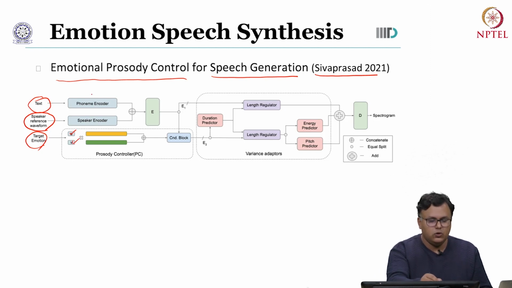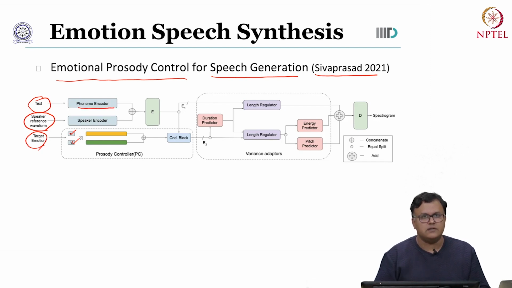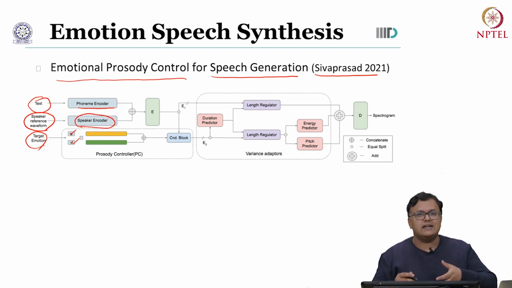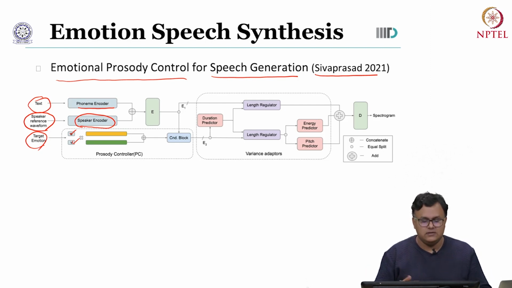Now text goes into a phoneme encoder, so you extract a representation for the required phonemes for the input text statement. Then the speaker waveform is input into a speaker encoder. It extracts the characteristics of the speaker, essentially the style with which one speaks.